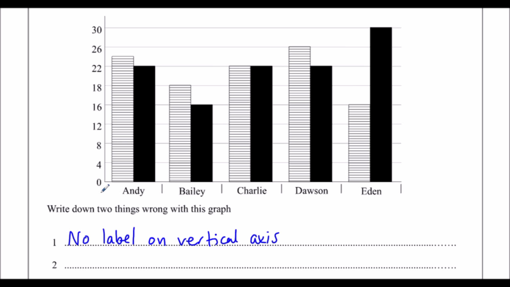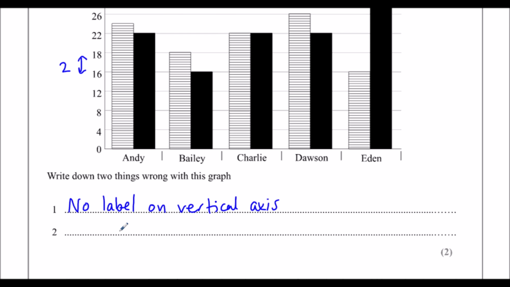There also isn't a consistent scale, so it goes up in 4, so up 4, up 4, up 4, up 4, but then up 2 between 16 and 18. So the scale isn't the same the whole way up. So it's not a linear scale or not a consistent scale. So not linear scale, again, on the vertical axis.